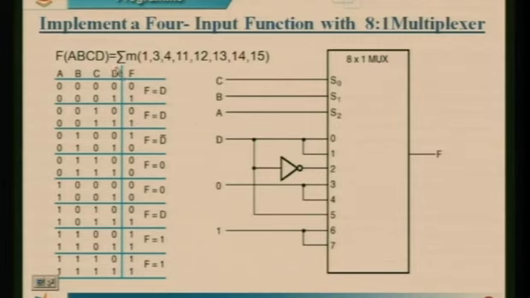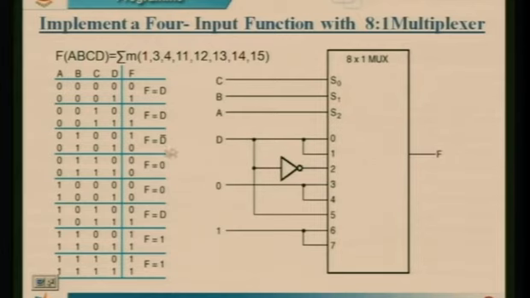Now I have eliminated it from here. This variable is treated as an input to the mux. So I am connecting D directly to input 0. Then once again for input 1 it is D. So I have shorted this, connected to input I0, I1. Next I2.